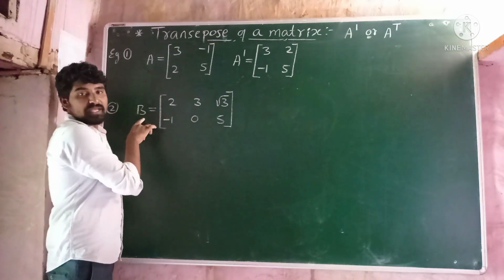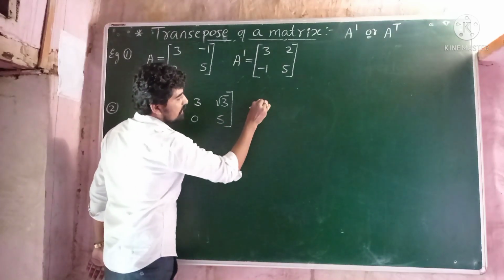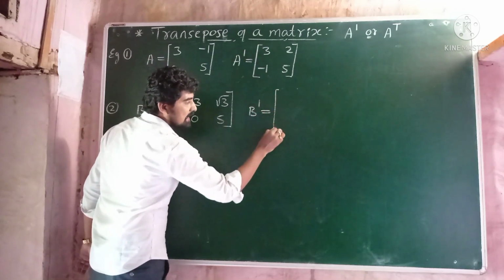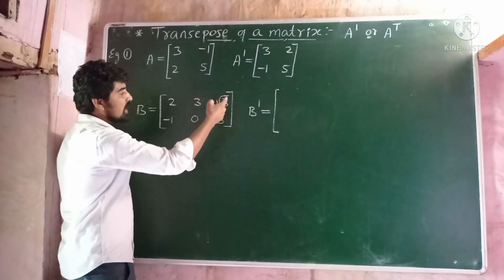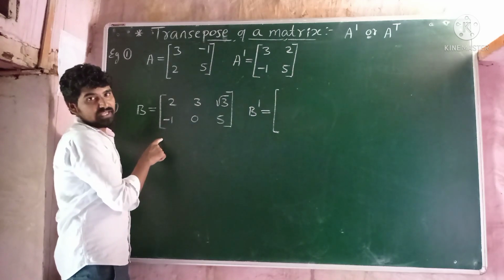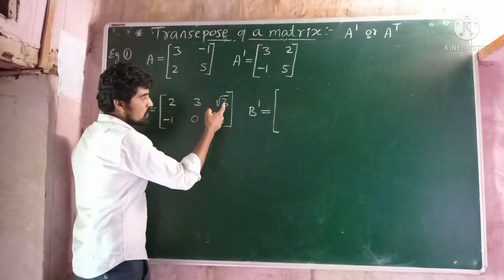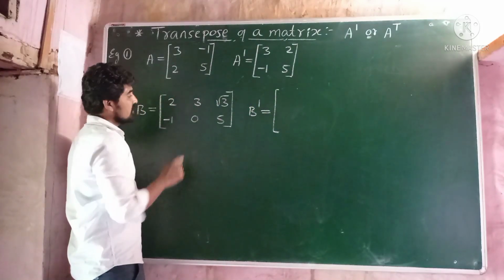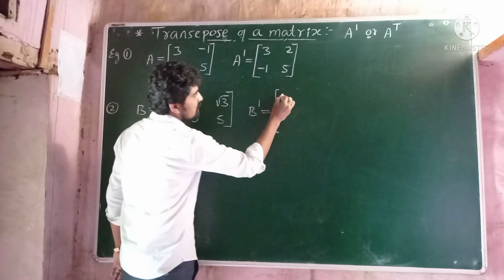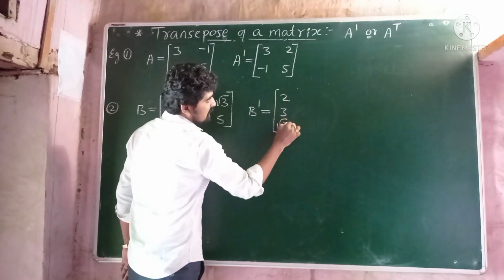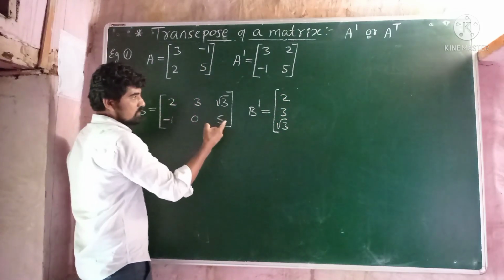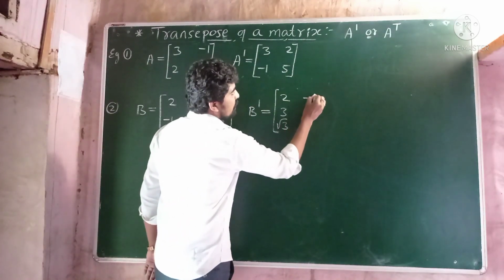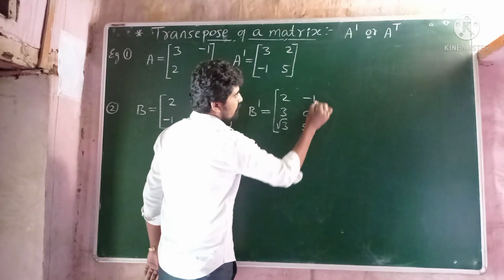Transpose of the matrix B is B dash, which is obtained by interchanging rows and columns of the matrix B. It means first row of the matrix B becomes first column of the matrix B dash, that is 2, 3, root 3. And similarly, second row becomes second column, -1, 0, 5.